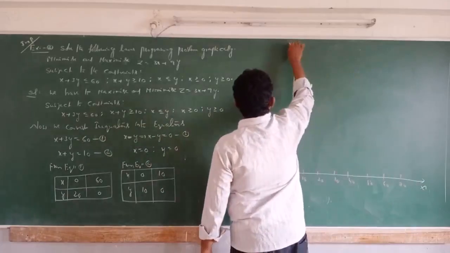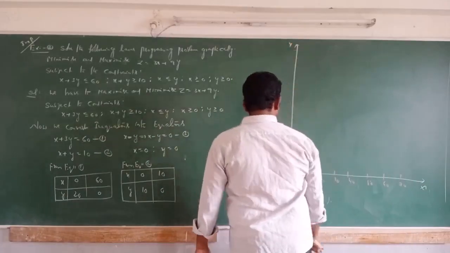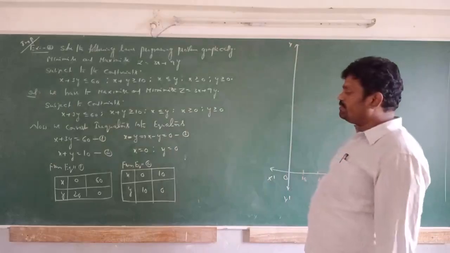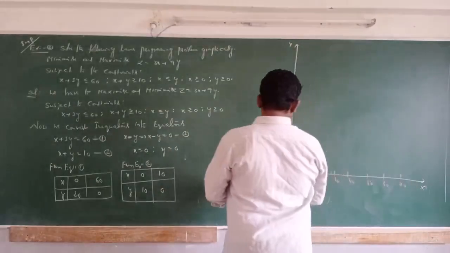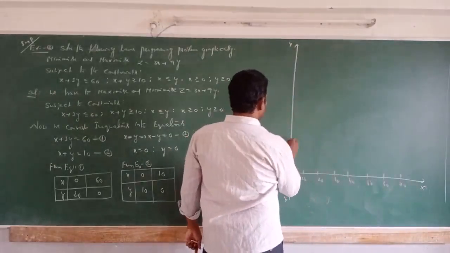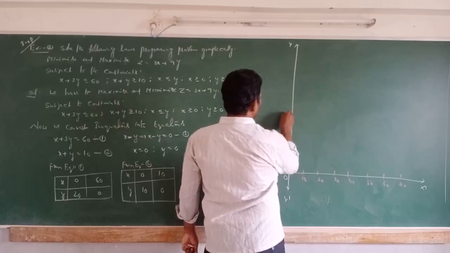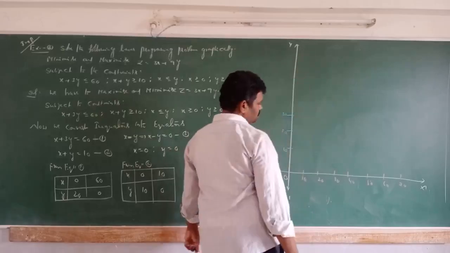On the y-axis, the maximum value is 20, so no problem. Here we take 10, 20, 30. So this calculation is enough.